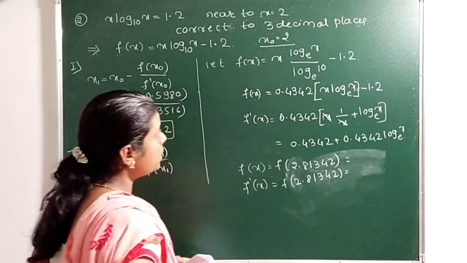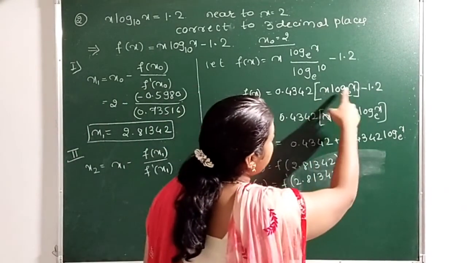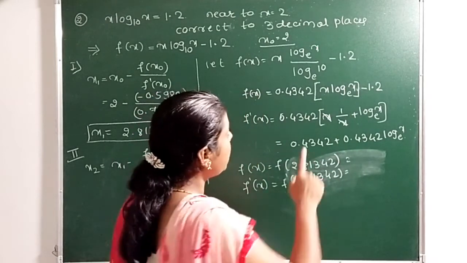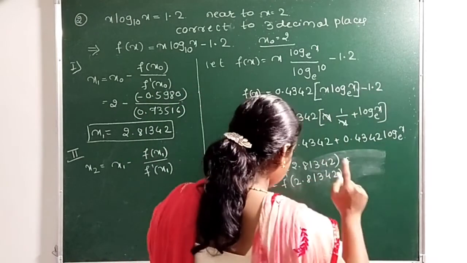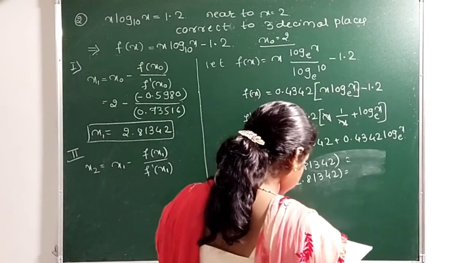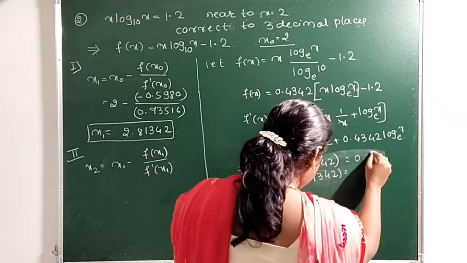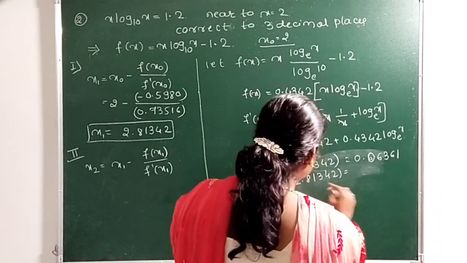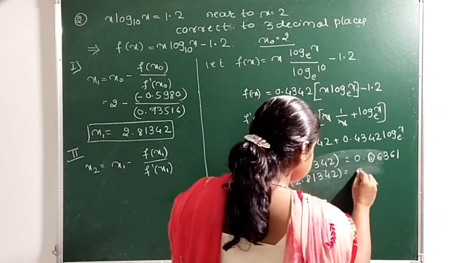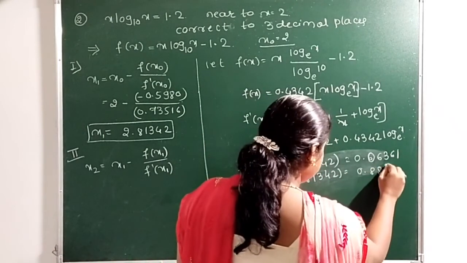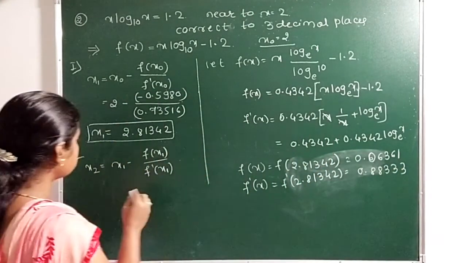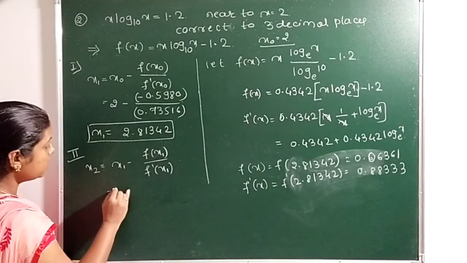Use the calci, wherever you are having the x term, substitute 2.81342 and minus 1.2, and you will get the value of 0.06361 and f dash value 0.88333. These two values you have to substitute here.